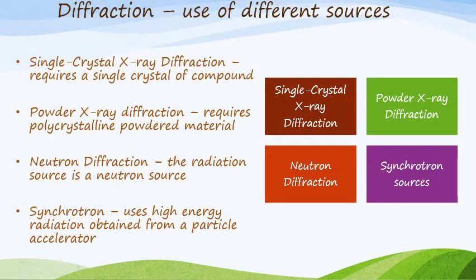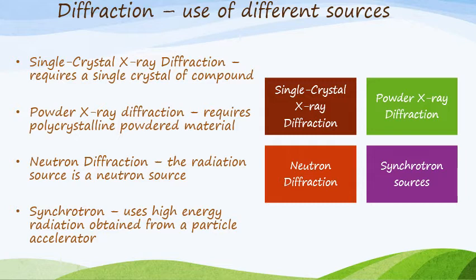We can use different sources for diffraction. So the technique of single crystal X-ray diffraction requires a single crystal of the compound, and the single crystal is then analyzed by X radiation. Powder diffraction requires polycrystalline powdered material and is analyzed with X-ray diffraction.